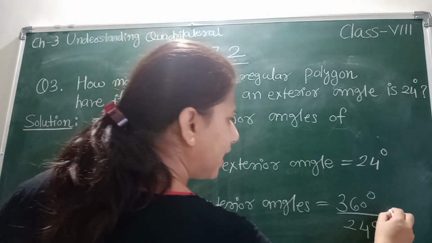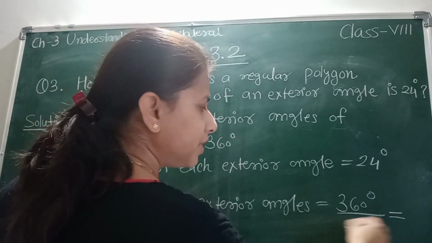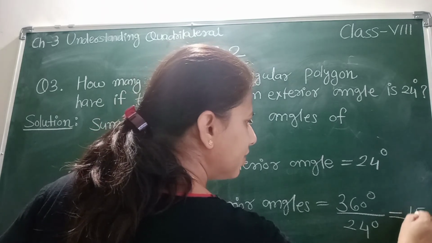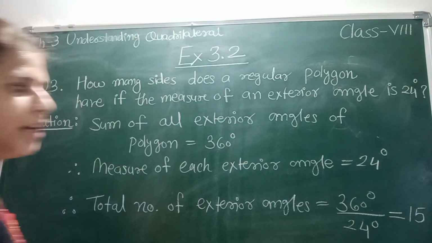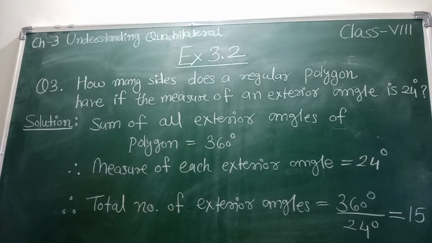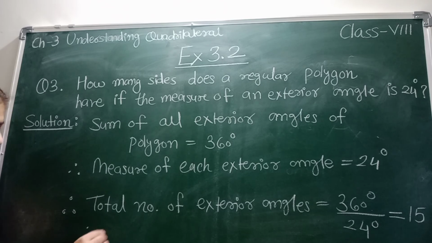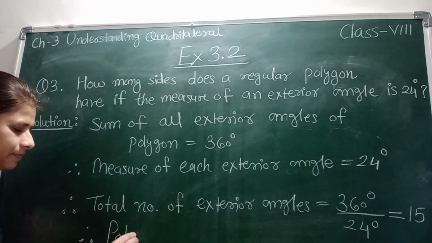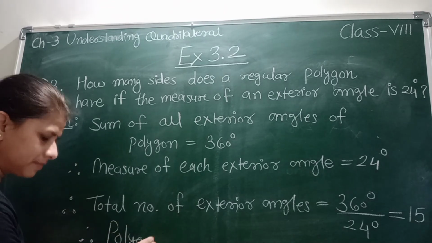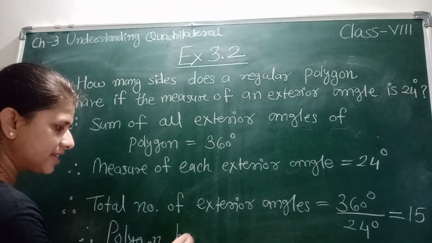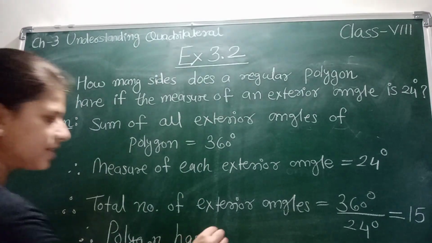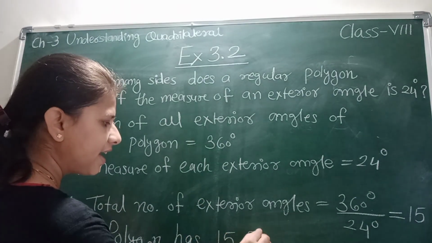And what will be the answer? Yes, cancel this out. Your answer will be 15. Since the total number of exterior angles is 15, the polygon has how many sides? 15 sides.